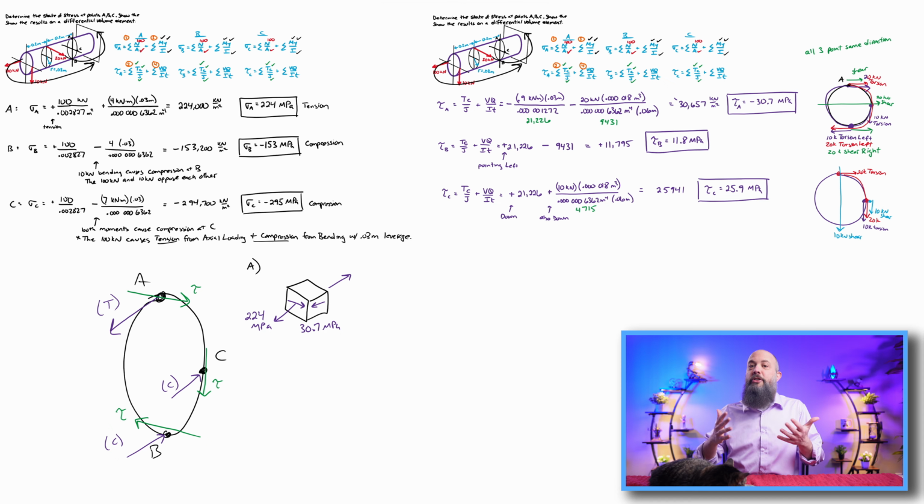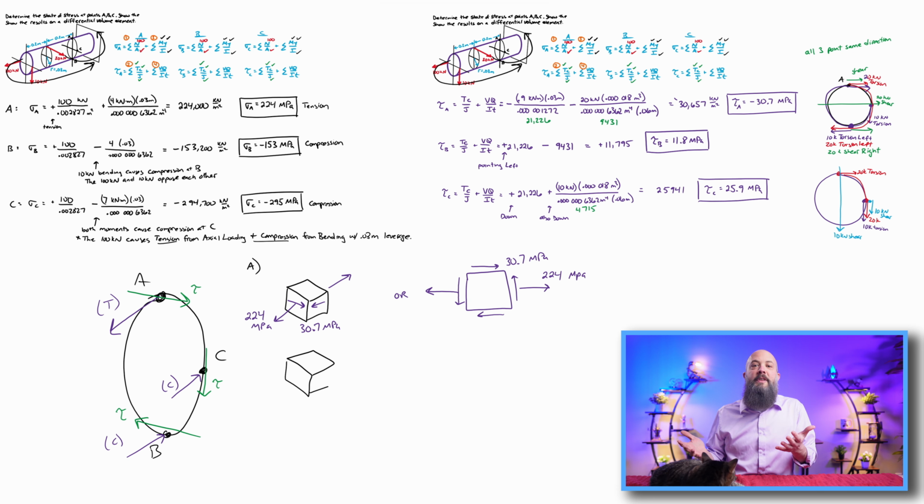And if you want to turn this into the start of a Mohr circle problem, I can draw the top-down view of this stress element with my 224 in tension and my shear stress 30 as positive shear stress.